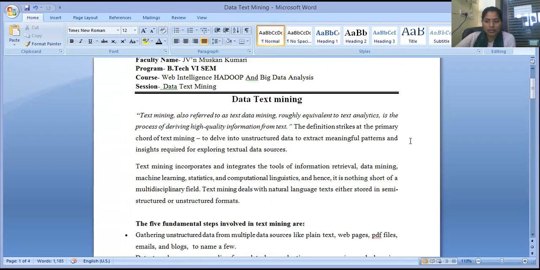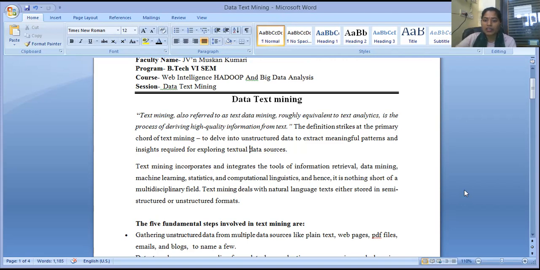Roughly equivalent to text analytics, it is the process of deriving high quality information from text. We are deriving high quality information from the available text.